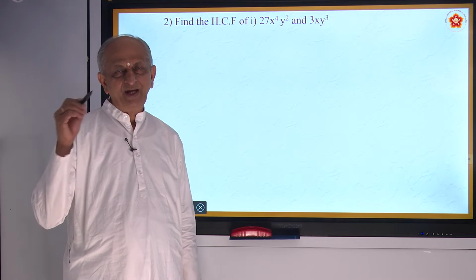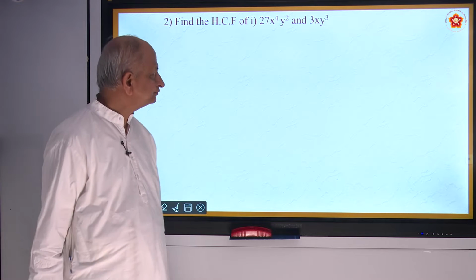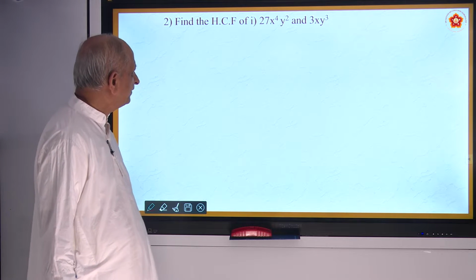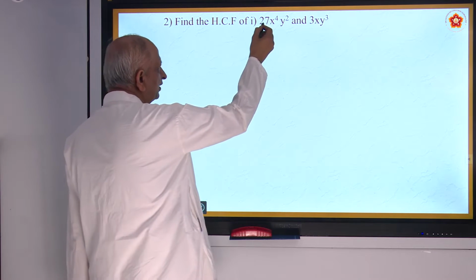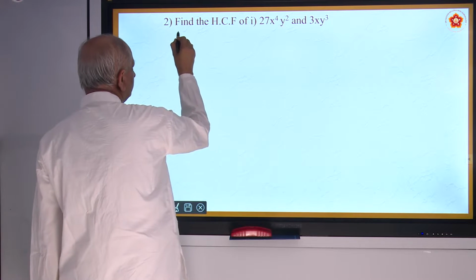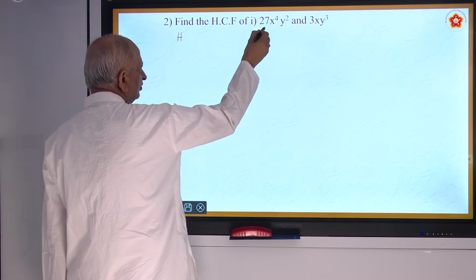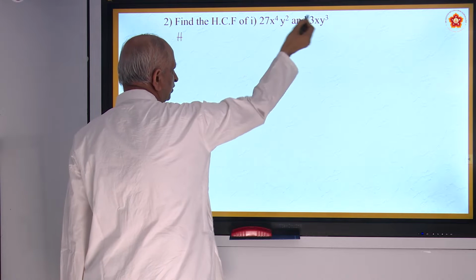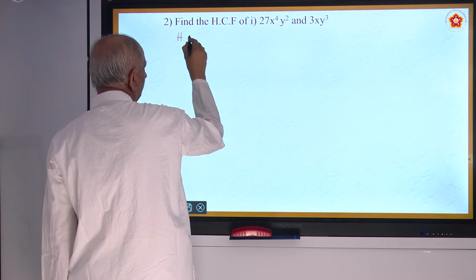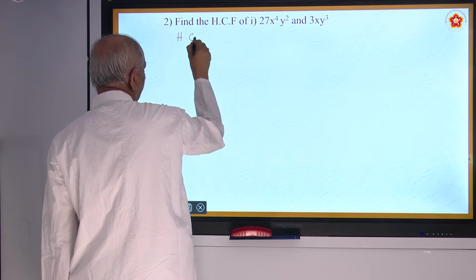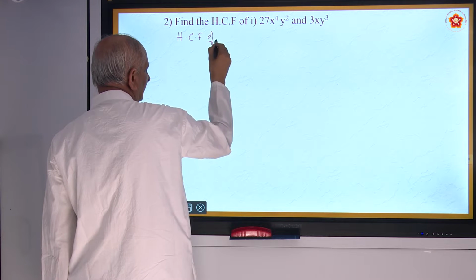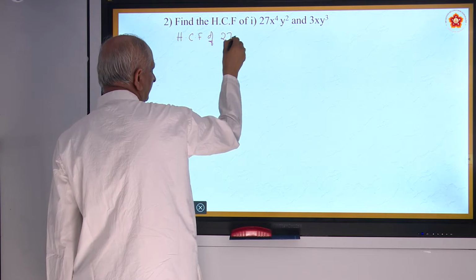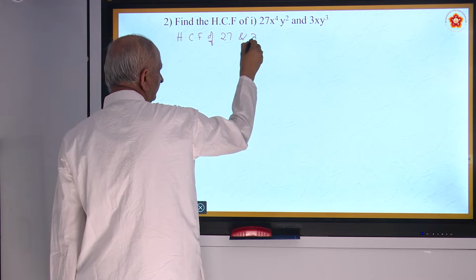You have to find out the highest common factor. For example, we will start with the simplest. Now, 27x to the power of 4 y squared and 3xy cubed. So, first you must take the HCF of the numbers, you must take 27 and 3.